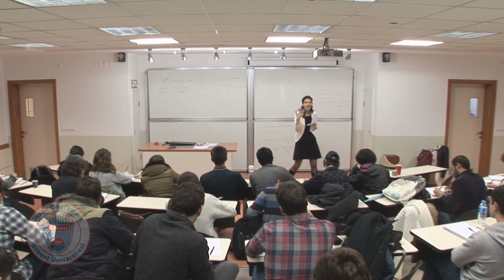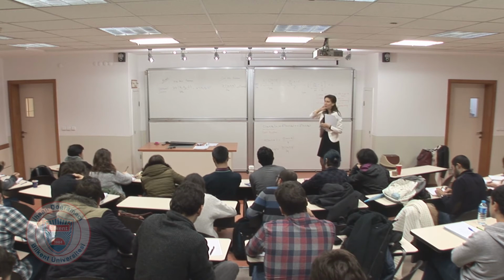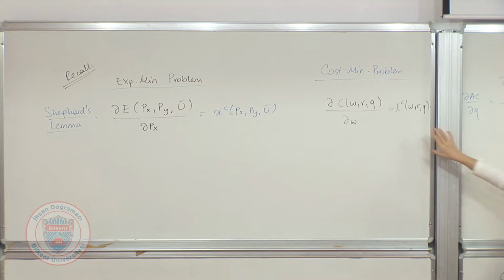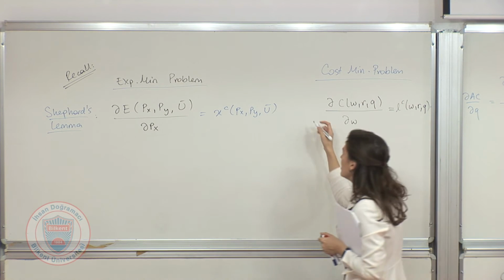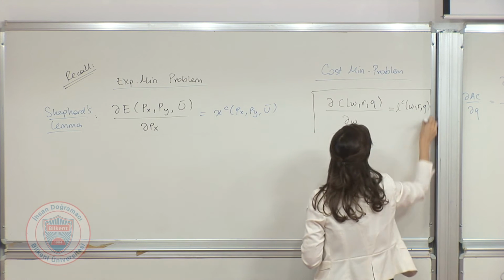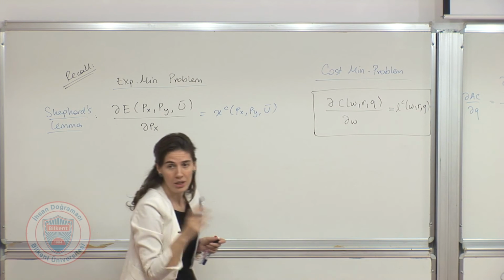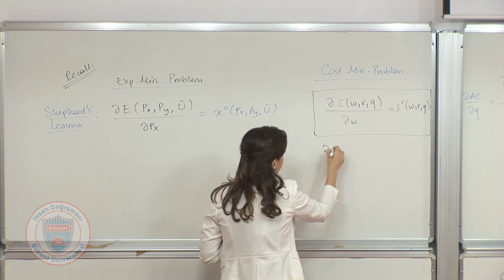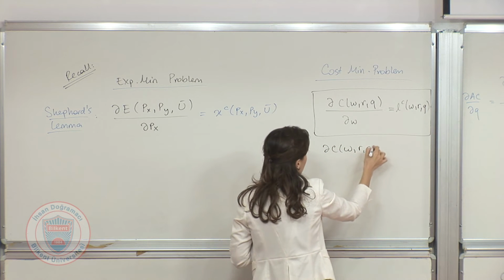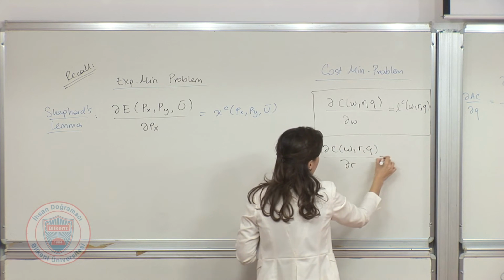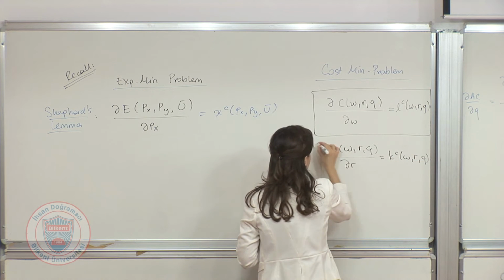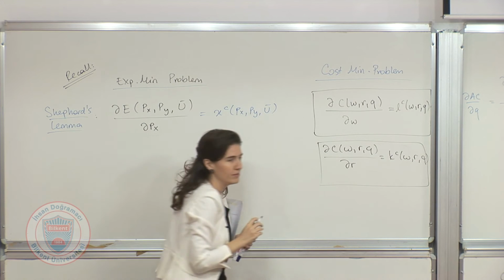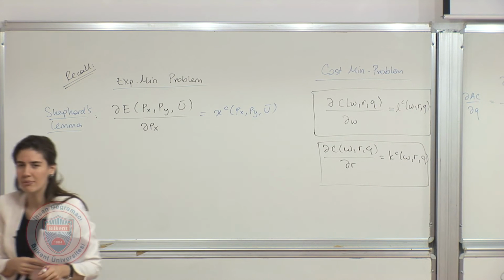Again, because it was an application of the envelope theorem, we can apply the envelope theorem to the cost minimization problem and get a similar result. So we would have another Shepard's lemma here, and also the derivative with respect to R, which gives KC(wage, R, Q).